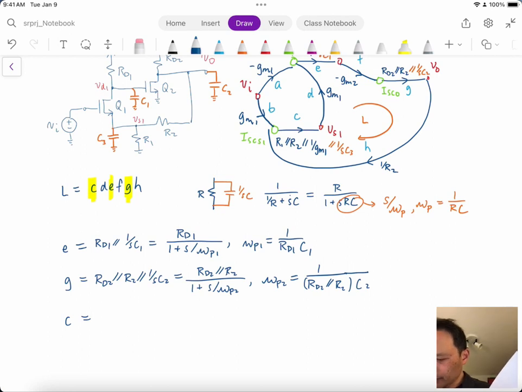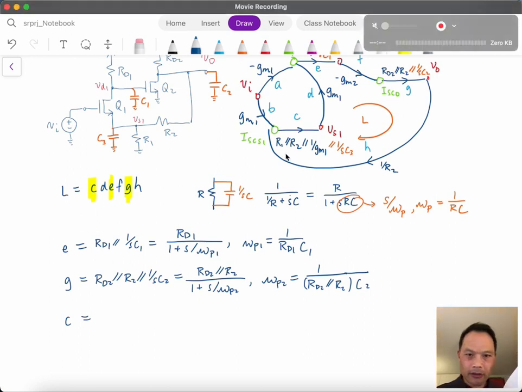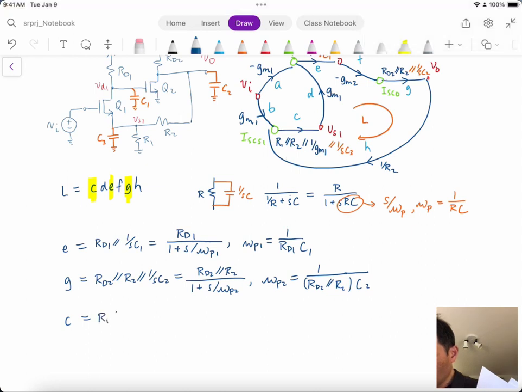That is going to be what it used to be. So R1 in parallel with R2 in parallel with 1 over GM1.